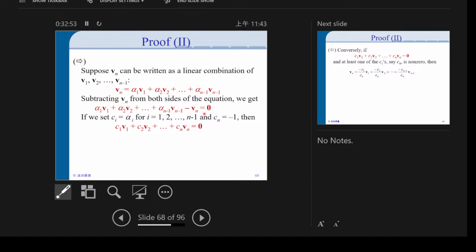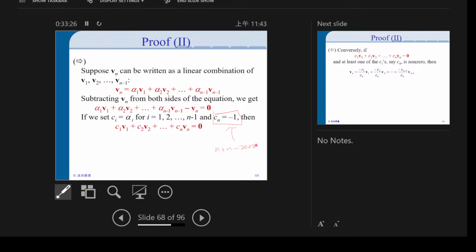Okay. And so this is indeed an equation of this C1 to Cn form. We just have Cn equal to minus 1. And we see this is a non-trivial solution because Cn equal to minus 1. So even if all those alphas equal 0, Cn equal to minus 1 is non-zero. So we have a not-all-zero solution.